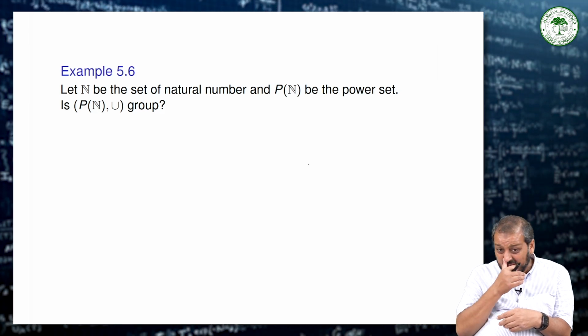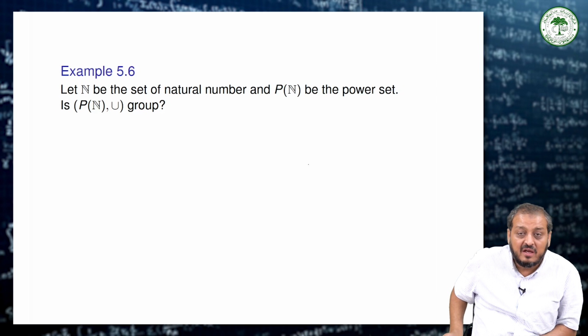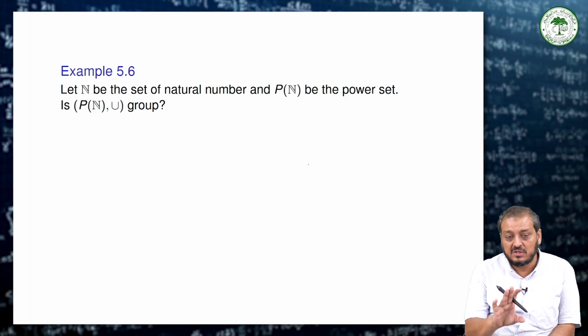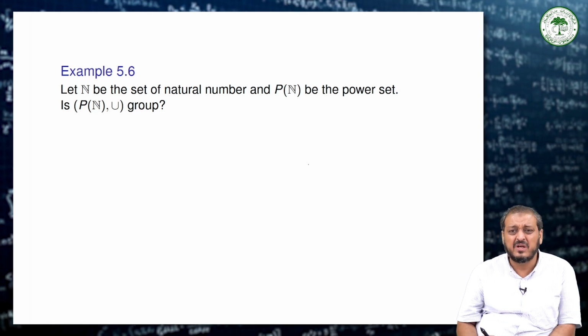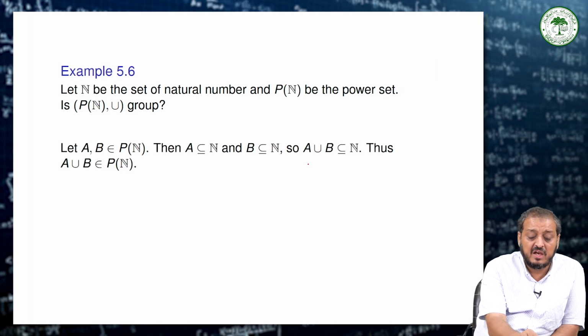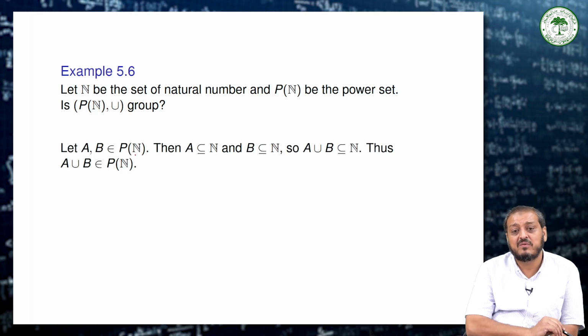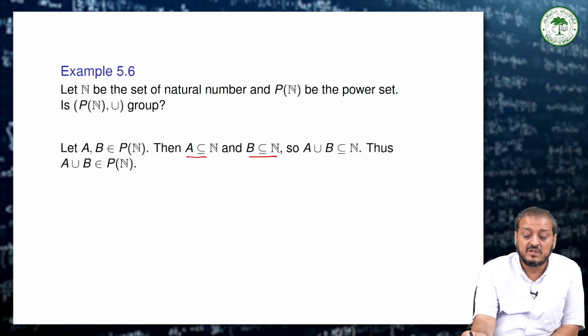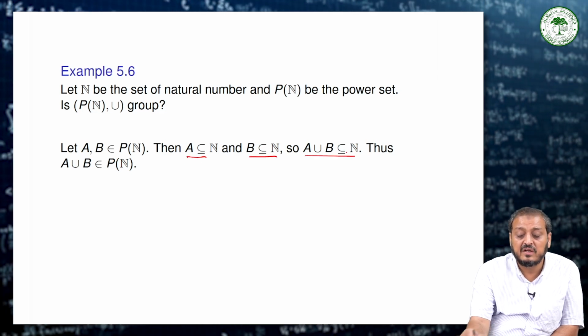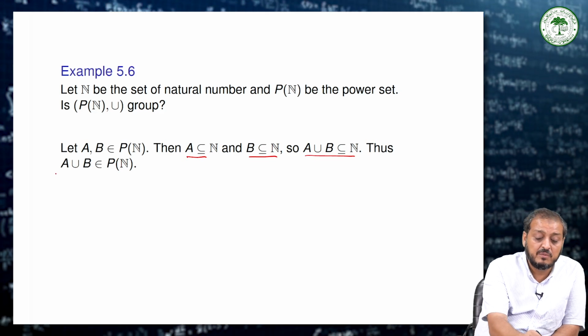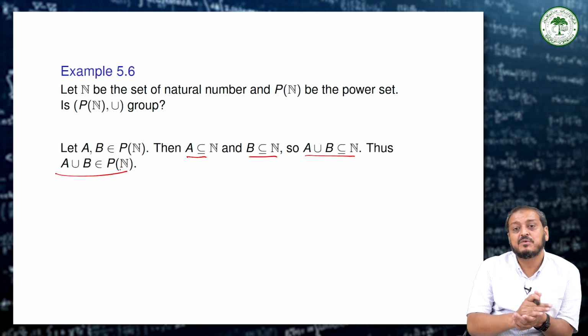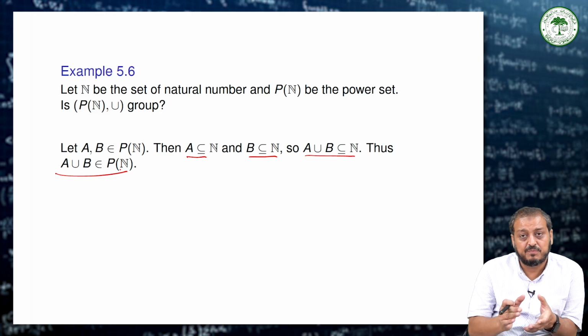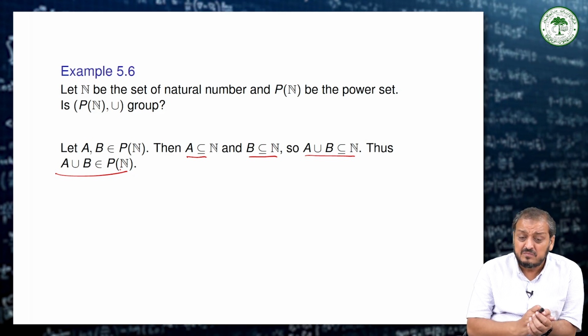Clearly, the power set is closed under the operation of union. We simply say that A and B are two elements of this power set, so A is contained in N, and B is as well. So A union B is also contained in the natural numbers. Thus A union B is an element of the power set P of N.